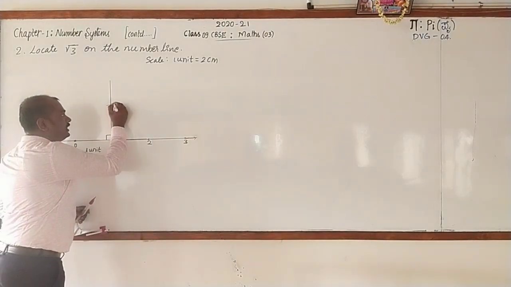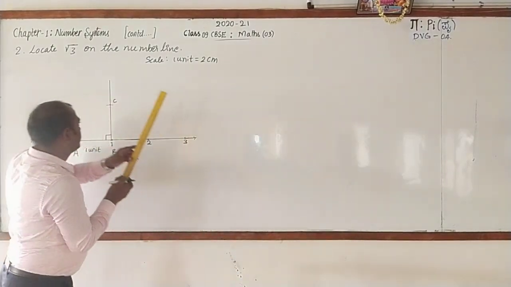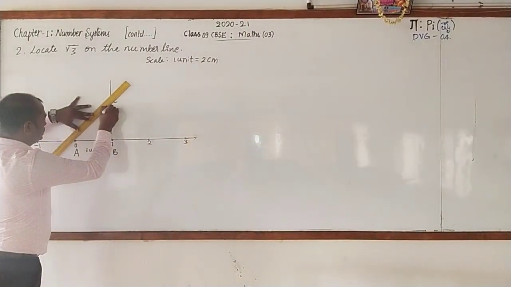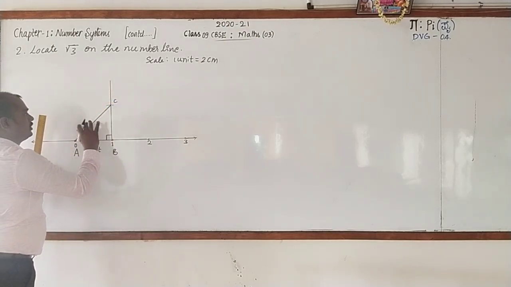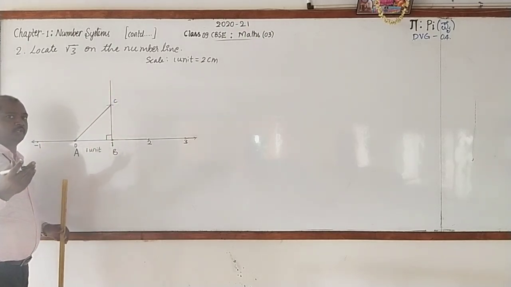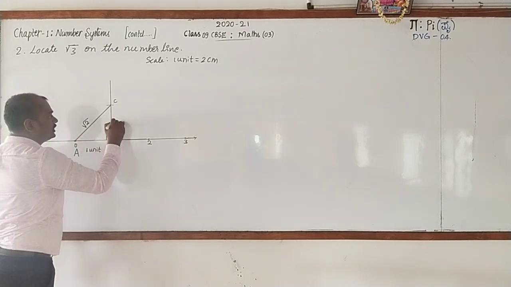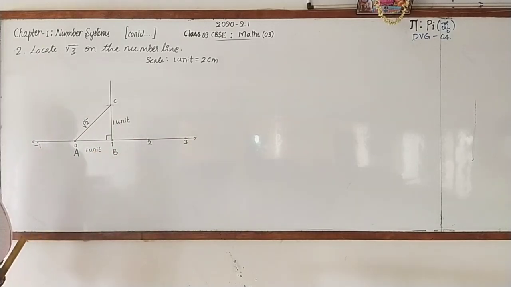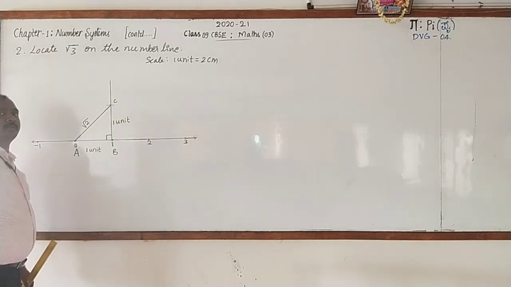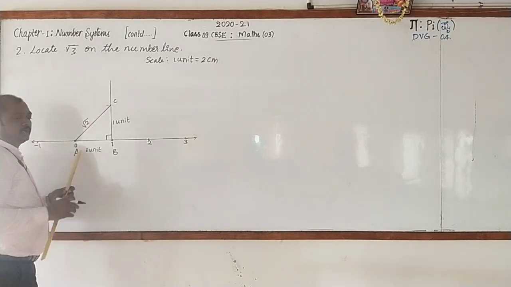Call this point C. Join AC. Here AC is root 2. Yesterday we came to know that. BC is 1 unit. Then you are going to represent root 3 on the number line. Hence, it should be continued.